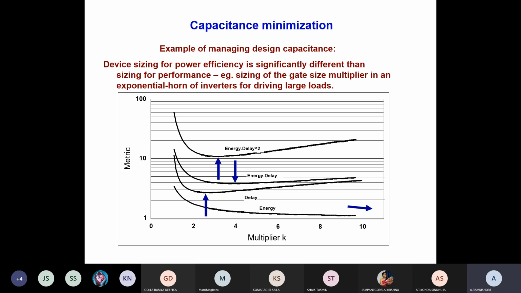Also in this chapter we study various approaches based on switched capacitance minimization, which can be minimized at various levels of design hierarchy. Here we see a system level approach. Hardware software co-design comes into the system level approach.